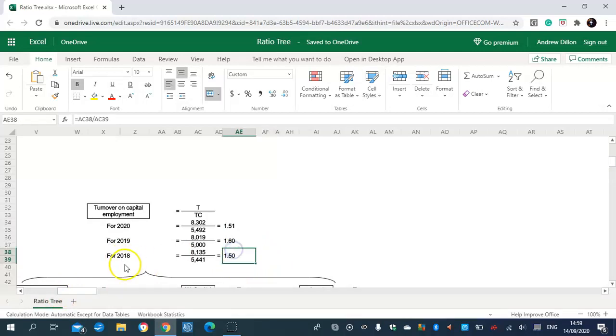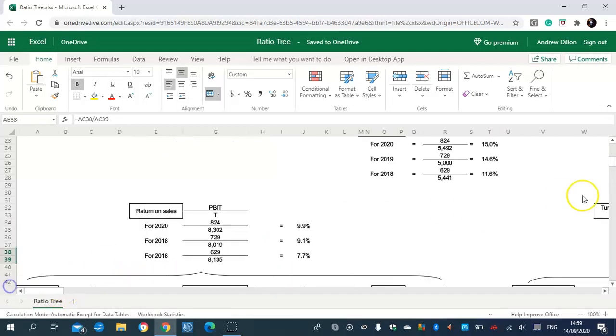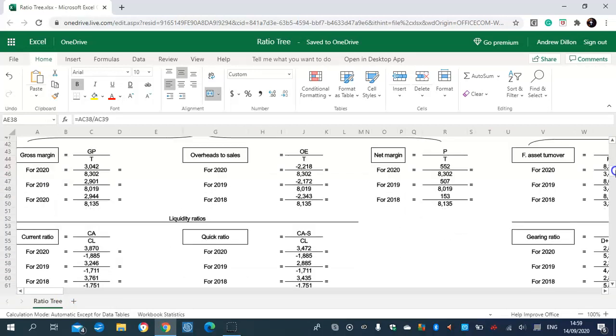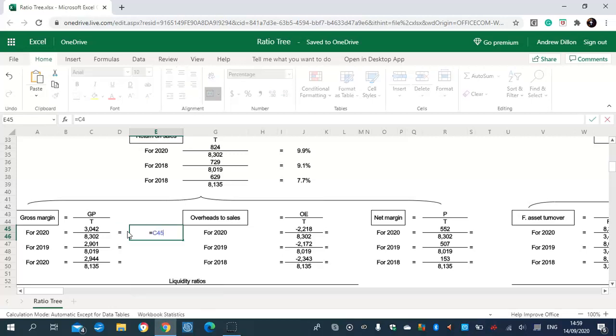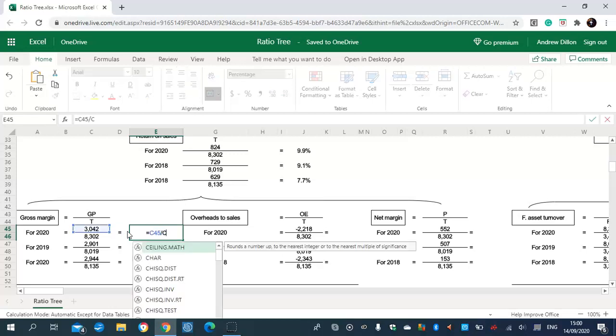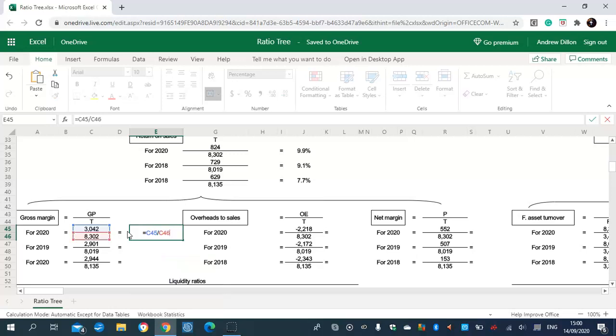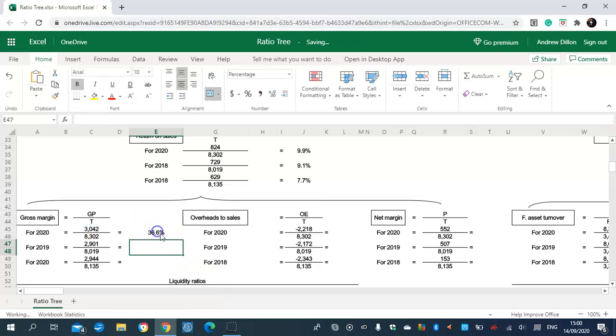Oh, the correct answers. Now we're going to the next tree, which is the gross margin. 26.6%.